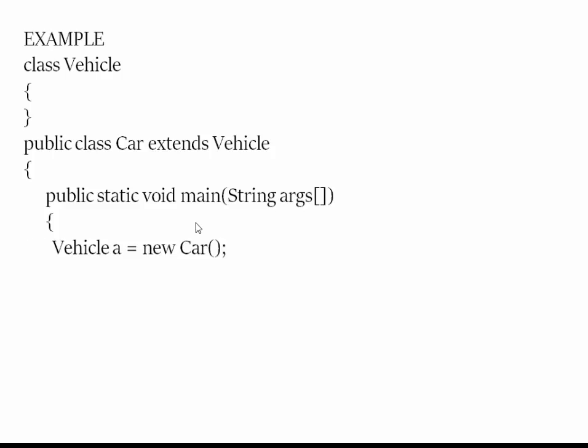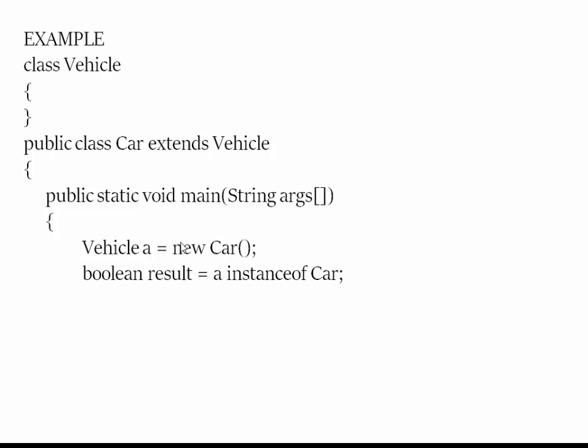In the main method, let us create one object for the class vehicle. In the subclass, we can create an object for the superclass. Okay. So a is the object or an object reference variable of the class vehicle. Okay. So let us check whether a is the object of the class vehicle or not. In this case, here I am declaring one boolean variable, result, and this is the instanceof operator.